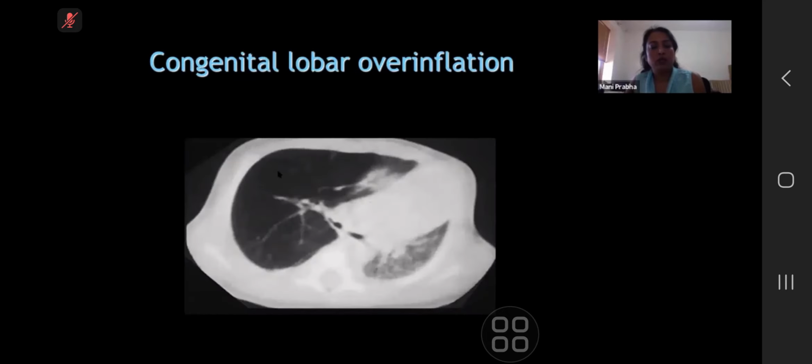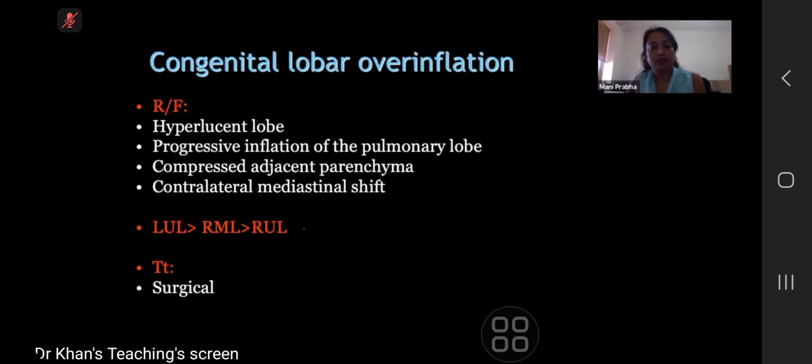On CT, you can see that the lobe is expanded and going on to the other side. Radiologically, we can see a hyperlucent lobe, progressive inflation of the pulmonary lobe, compression of adjacent parenchyma, and contralateral mediastinal shift.